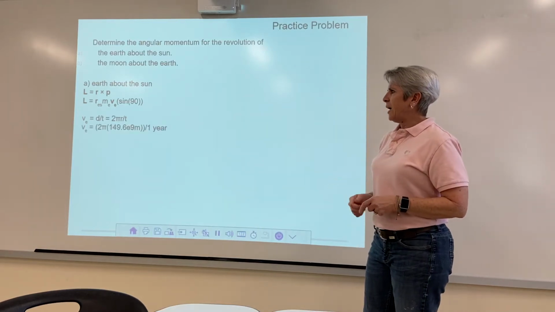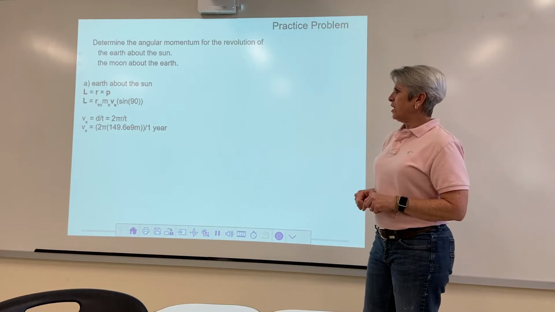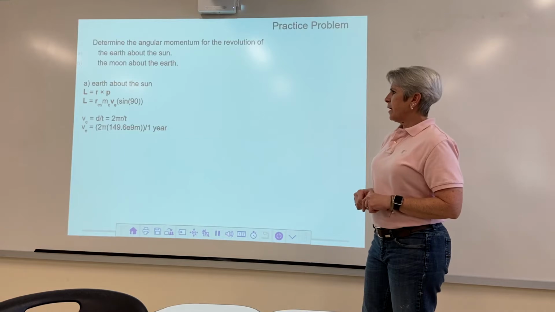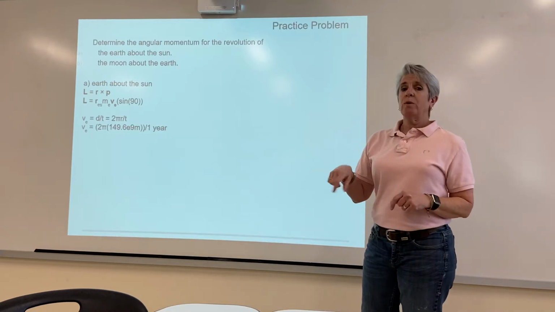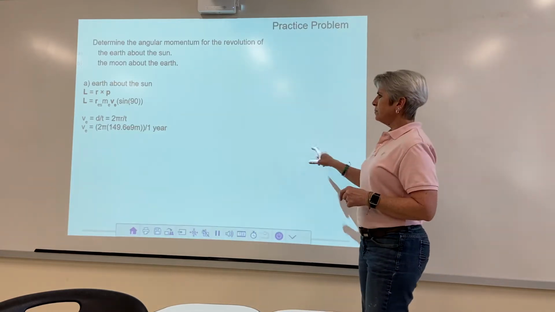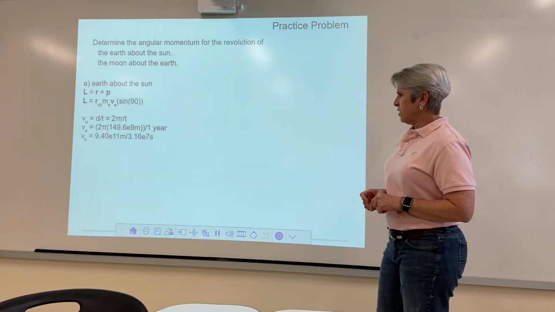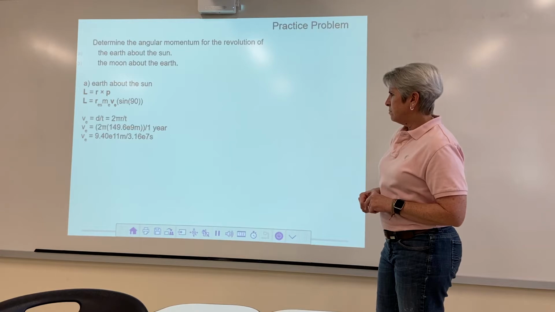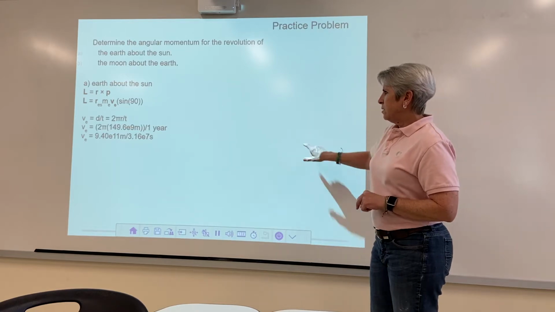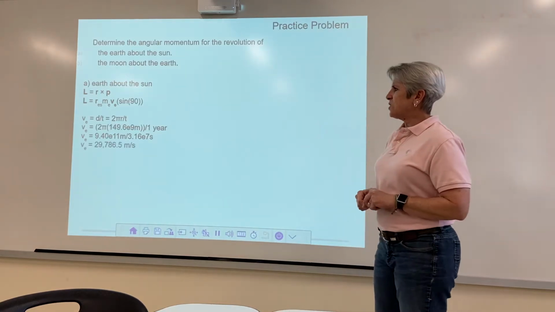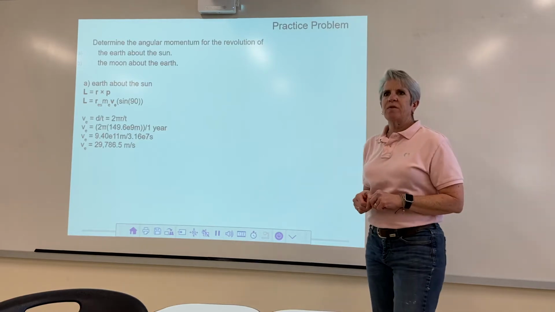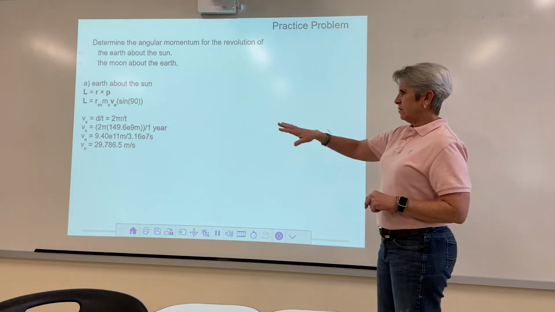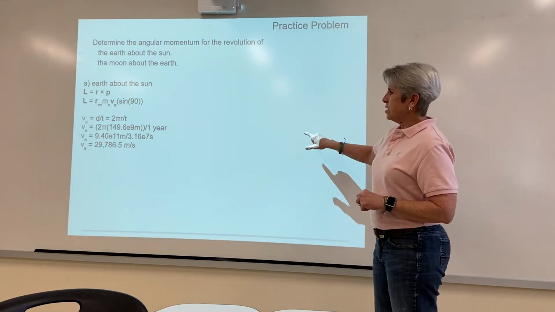So that would be 2π times 149.6 times 10^9 meters, the average distance, divided by the time to go around once, which would be 1 year. If we did that calculation, we could get a velocity of 29,786.5 meters per second.